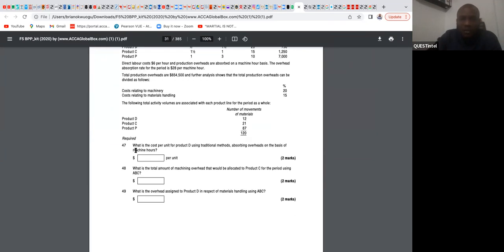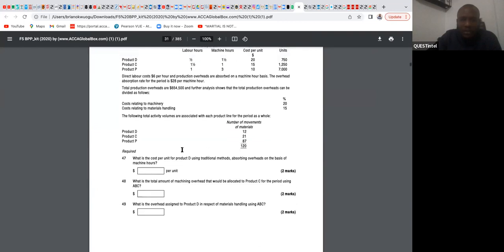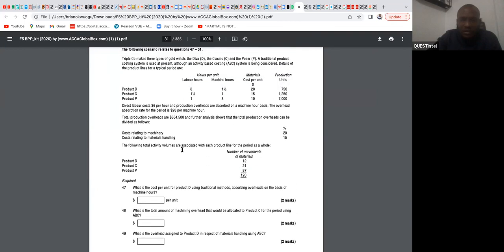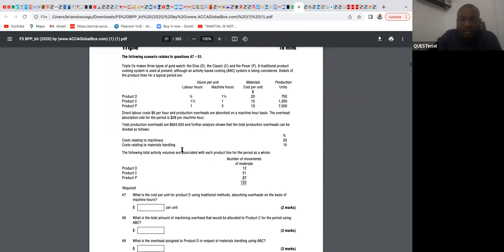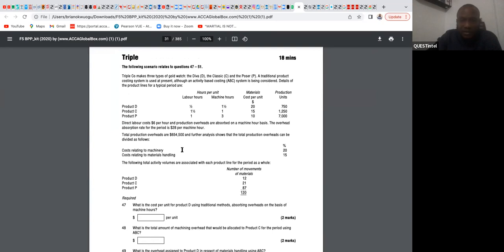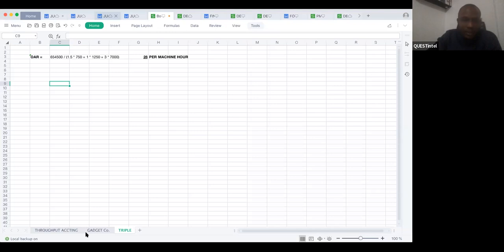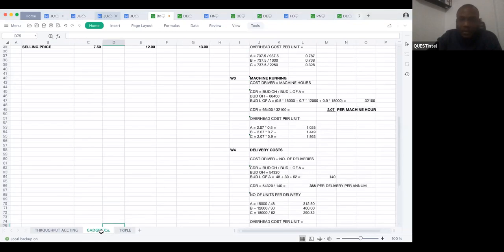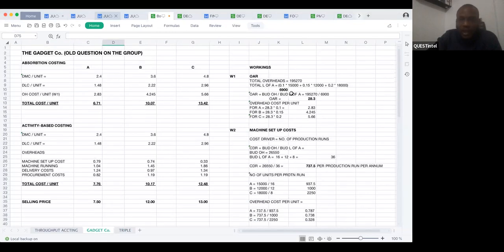Now it says, what is the cost per unit for product D using traditional methods, absorbing overhead on the basis of machine hours? They said, what's the cost per unit of product D, using machine hours. This is irritatingly simple. So when we use overhead absorption, I want to relate this answer to what we're doing.